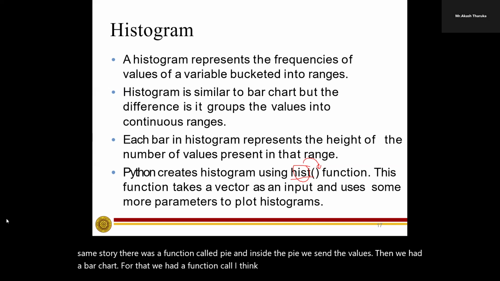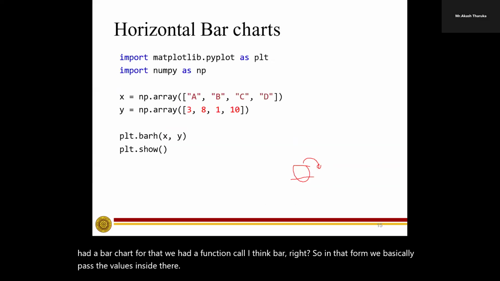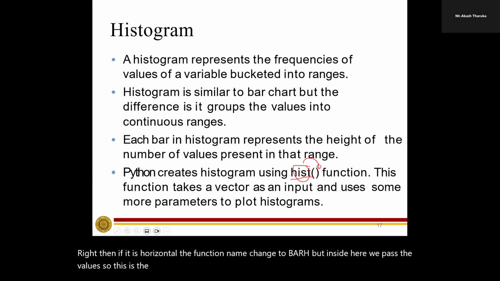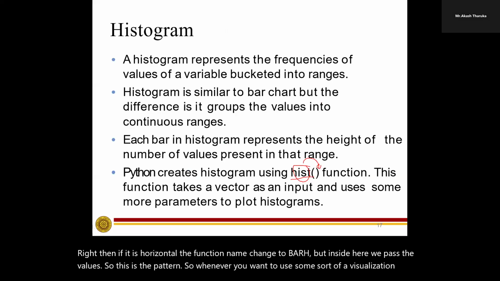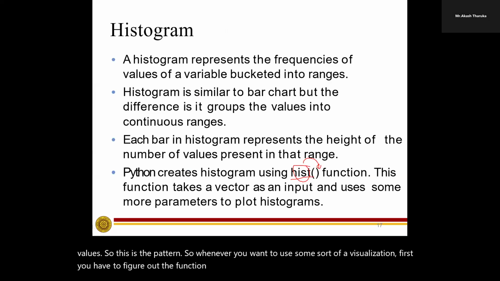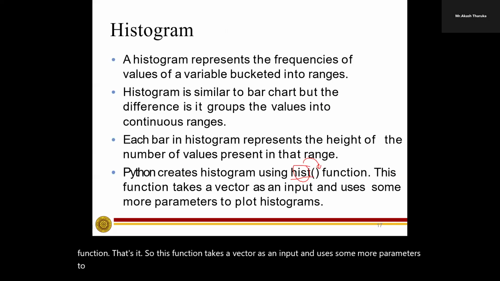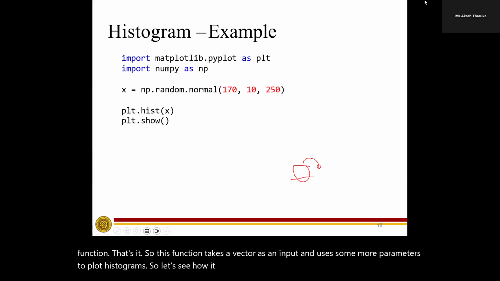In that one, we pass the values inside there. Then if it is horizontal, the function name changed to barh, but inside here we pass the values. So this is the pattern. Whenever you want to use some sort of a visualization, first you have to figure out the function, and then you have to pass the values inside the function. That's it. So this function takes a vector as an input and uses some more parameters to plot histograms. So let's see how it works.